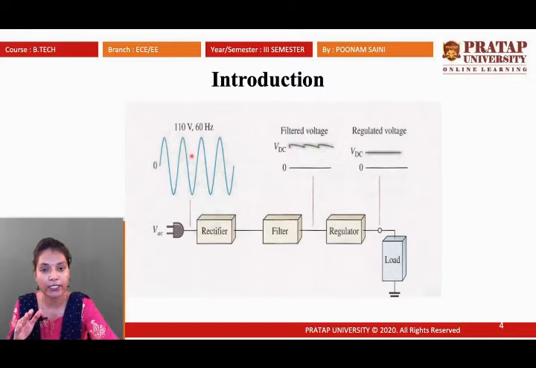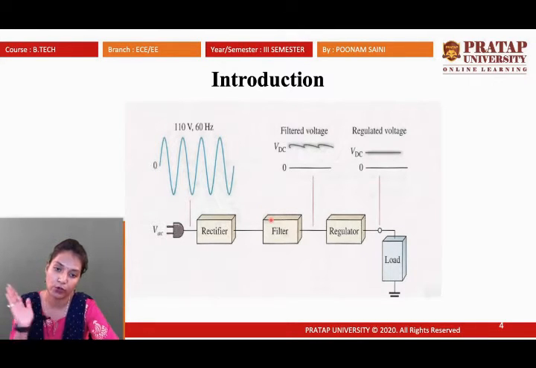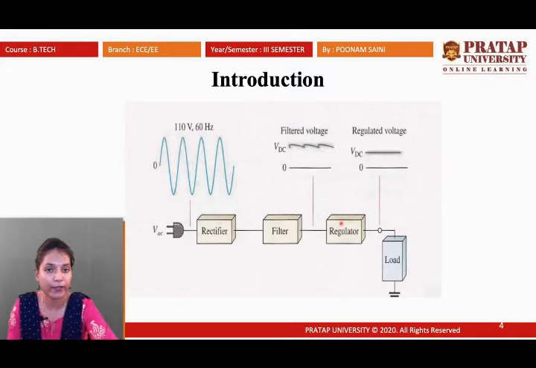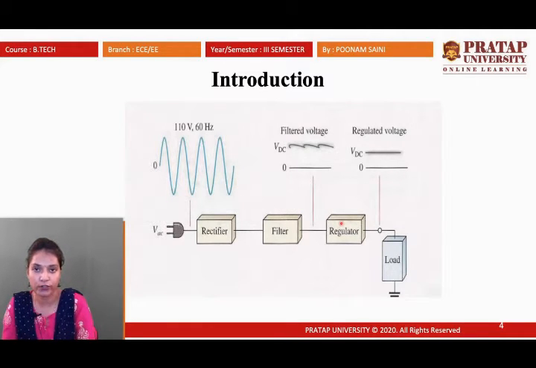This DC, meaning direct current or direct voltage, then goes through the filter to get a filtered voltage or current, and then a regulator. The regulator is used to regulate how much voltage or current we are going to use. So this diagram shows that in a DC power supply we need a rectifier to convert AC into DC.